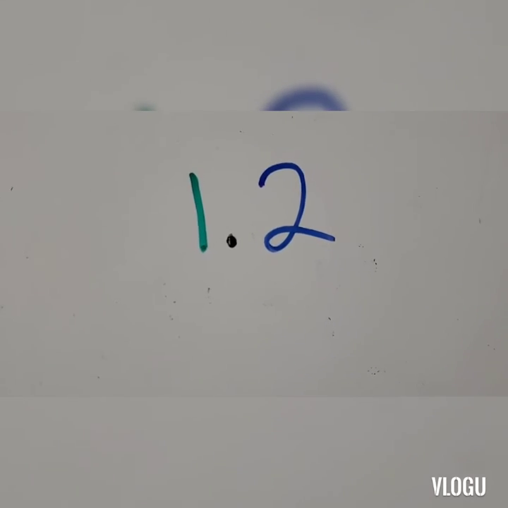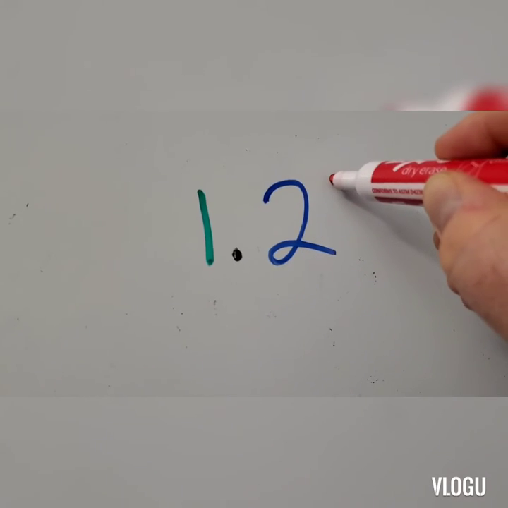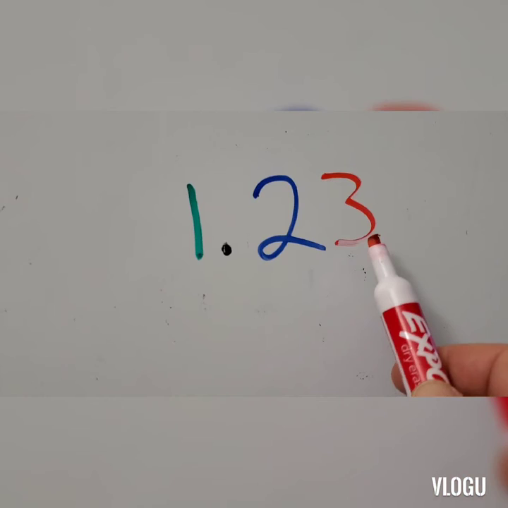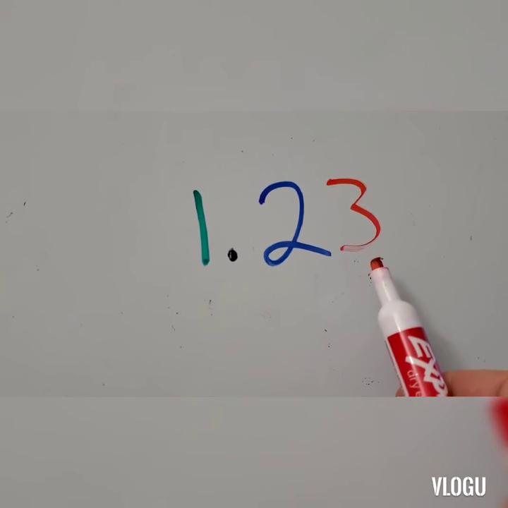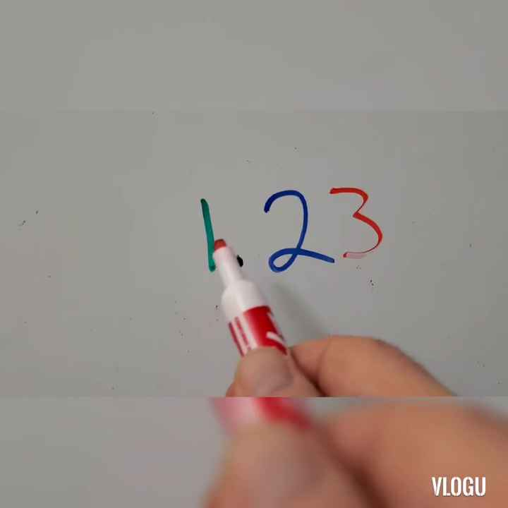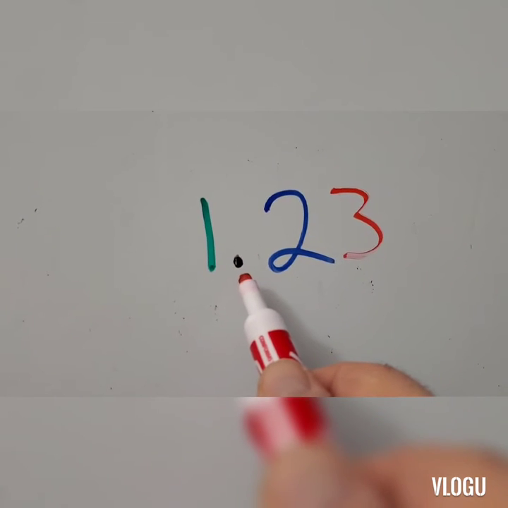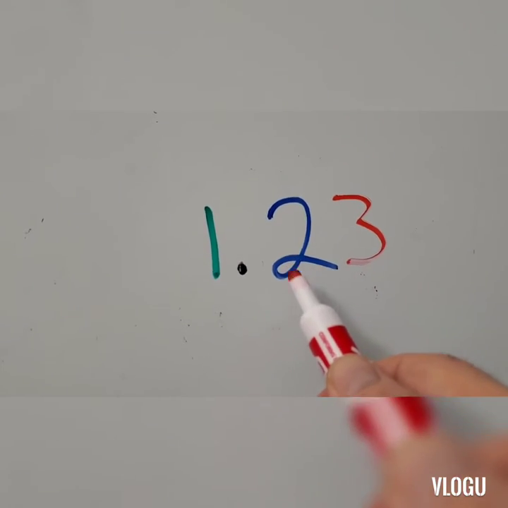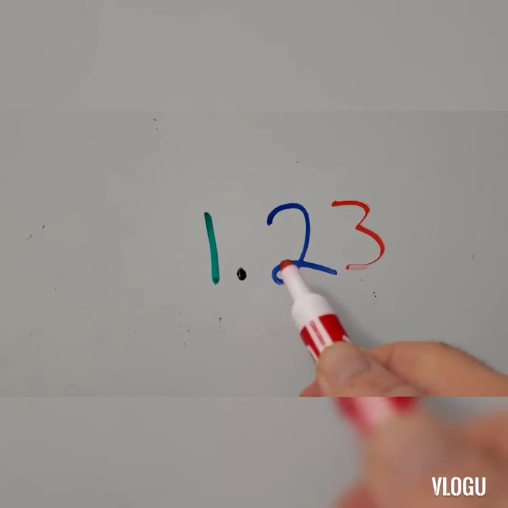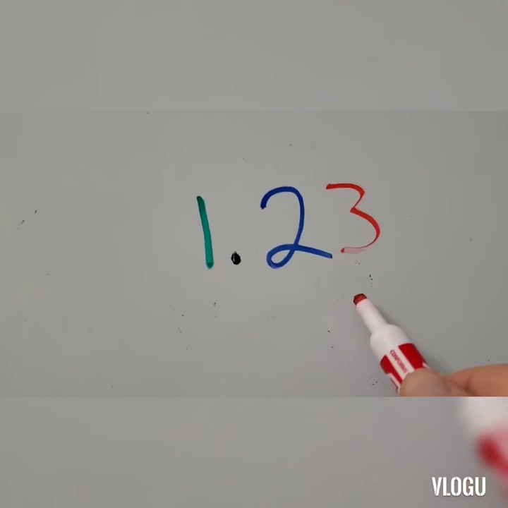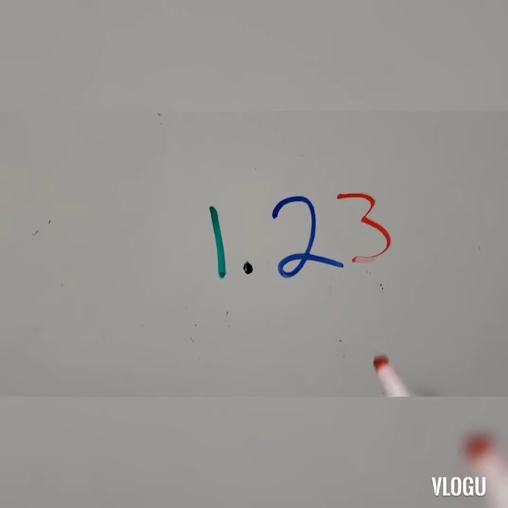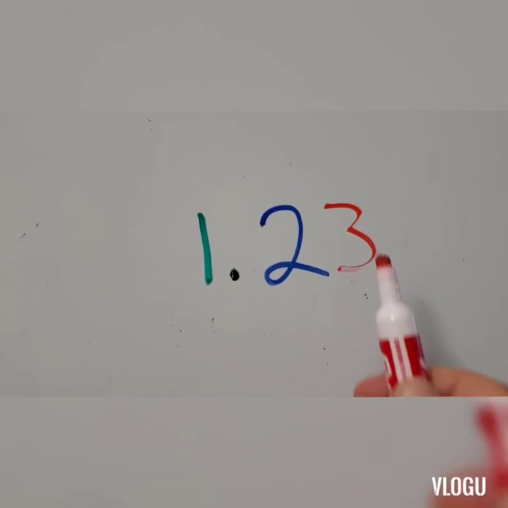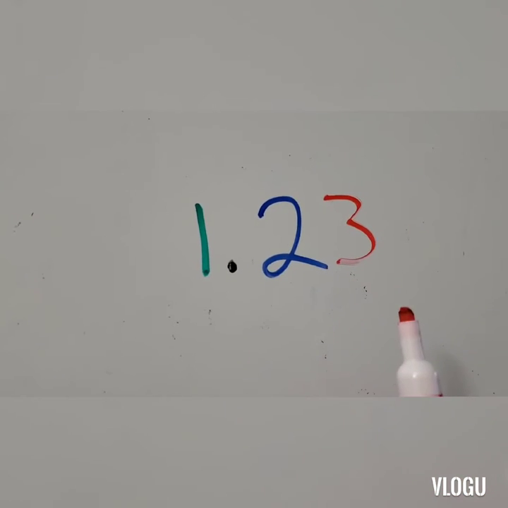If we go to the hundredths spot, we're going to say 1 and, we read these numbers together. It's 23, but we say the hundredths, as the hundredths is the place value that the 23 is in.